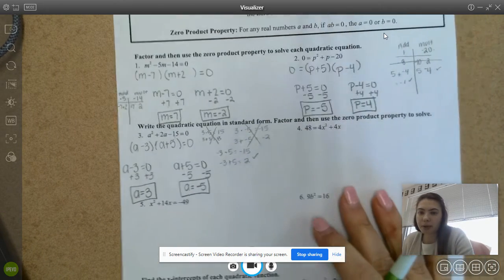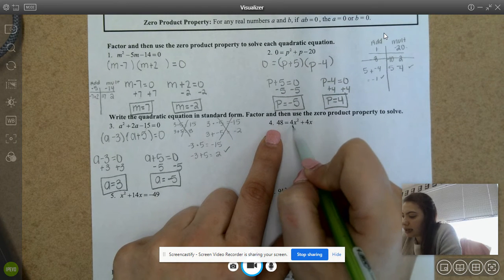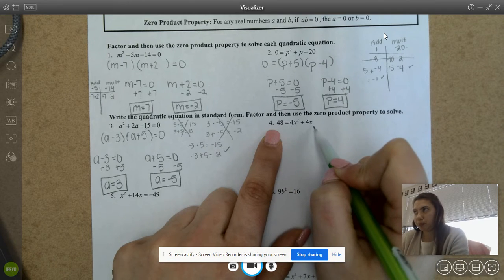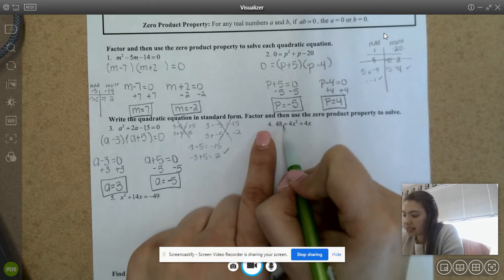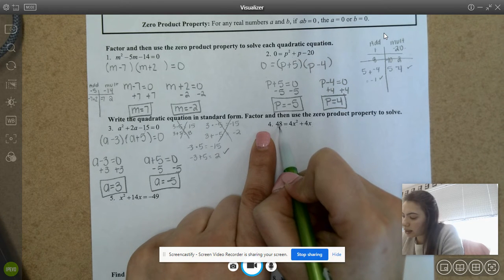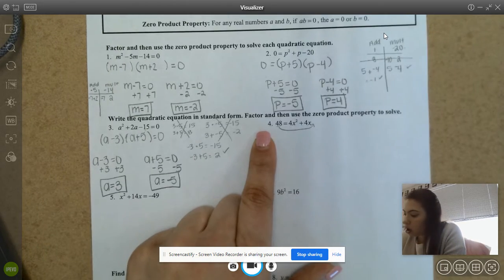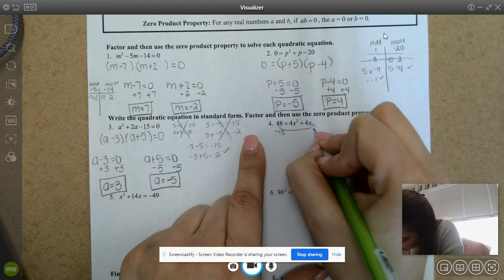Now, for example problem number 4, we have 48 is equal to -4x squared plus 4x. Well, we know that if we want it in standard form, this c value is actually going to have to go right in place right there. So we're actually going to subtract 48 from both sides.